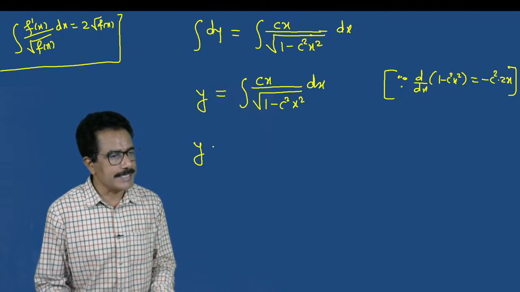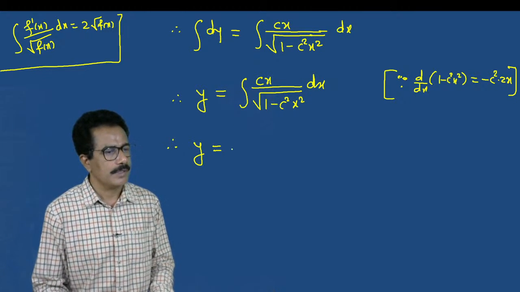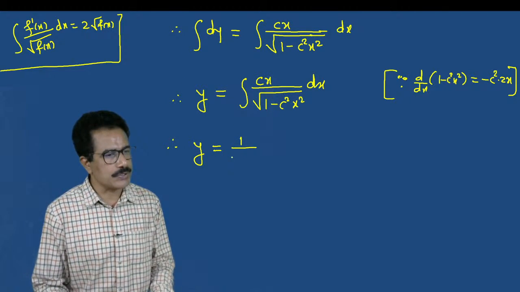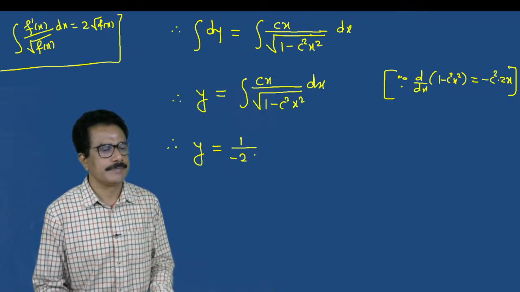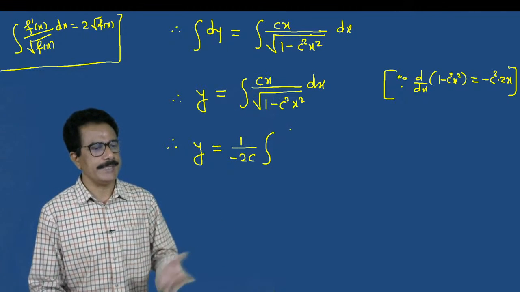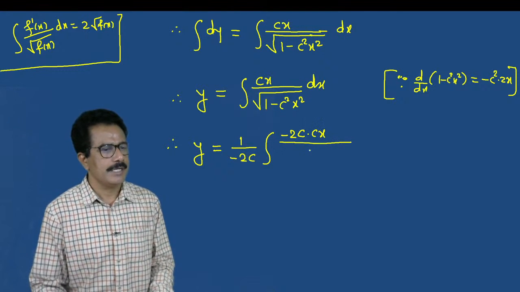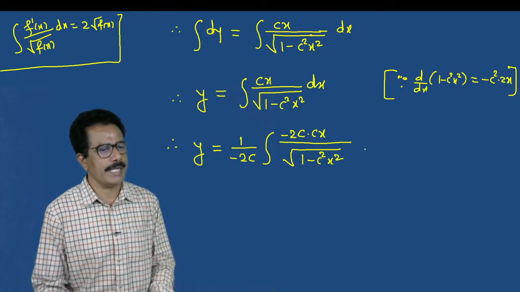So how can we adjust this? I is equals to, divide by minus 2c, multiply by 2c, minus 2c into cx divide by root of 1 minus C square x square dx.